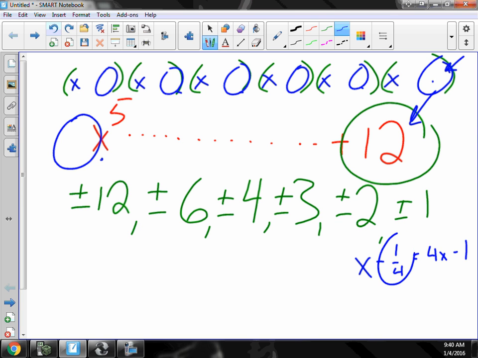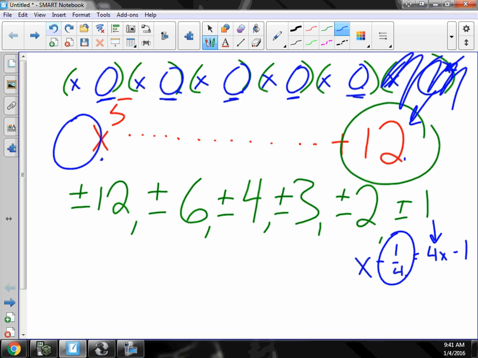So you can convert any fraction here into a non-1 number there, so it's going to work every time. This 12 was created by multiplying those 5 numbers together. So if you have a leading coefficient of 1, the constant will tell you the possible rational roots.